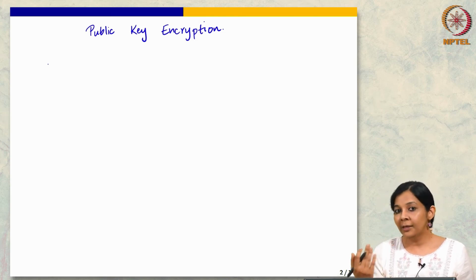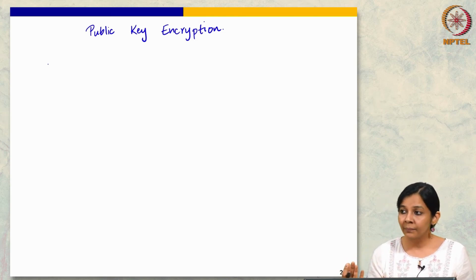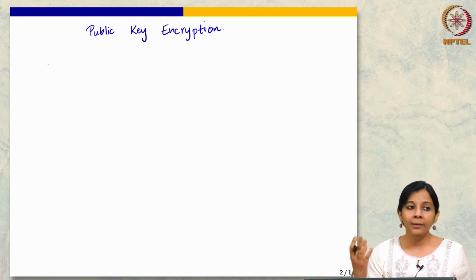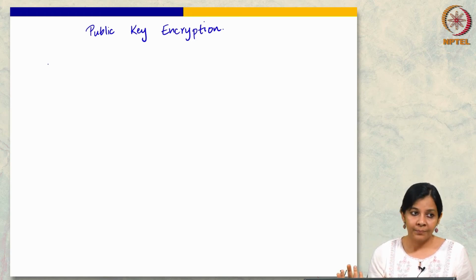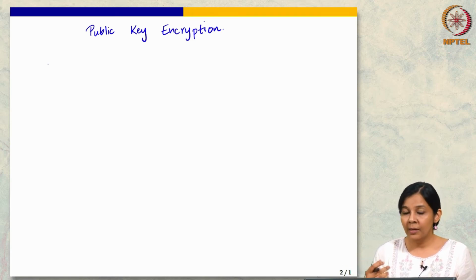Aside from encryption and decryption, what else do I need? I need to be able to generate the keys, right? So there should be a key generation algorithm. All of these should run in time polynomial in what? In the security parameter. Okay. So good.